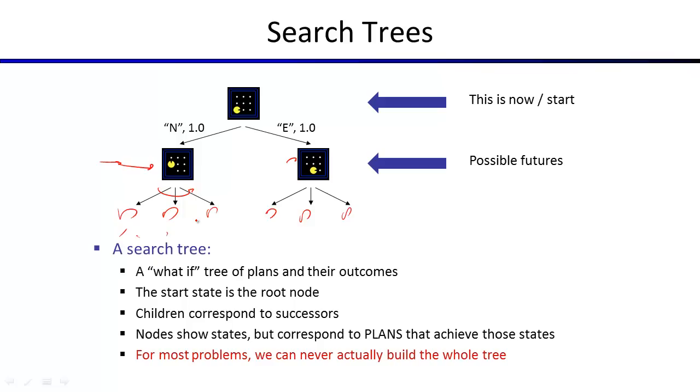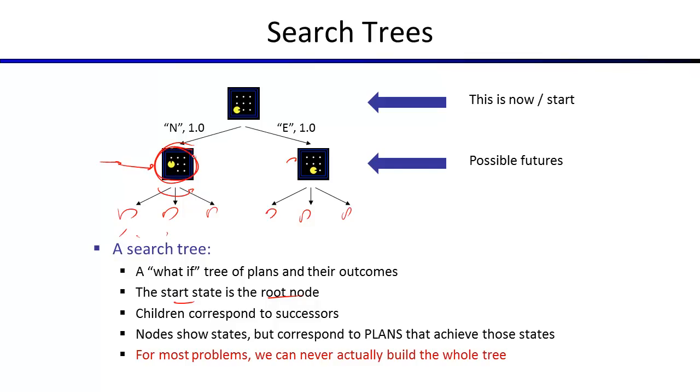So a search tree encodes the possible futures you might encounter starting from the start state, following a particular sequence of actions corresponding to each one of the paths in the search tree. The start state is always the root node. Children correspond to successors. And nodes show states. This looks like a state, but it's really important to keep in mind that it's not just a state.